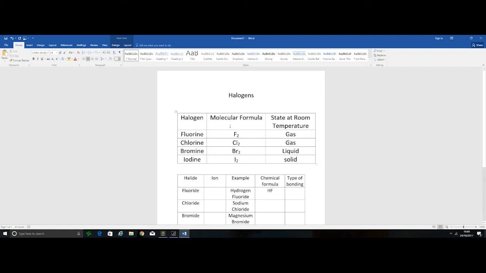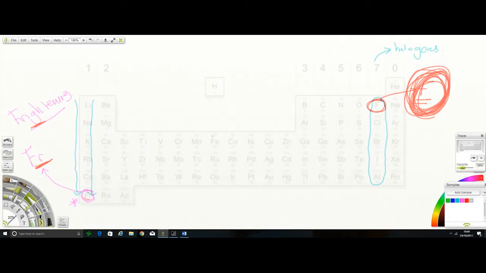So one of the trends, or one of the properties, as we go down is that fluorine is a gas, chlorine is a gas, then a liquid and then a solid. So just by looking at this, what we could say about group 7 elements is that the melting and boiling point, as we go down group 7, increases, right?